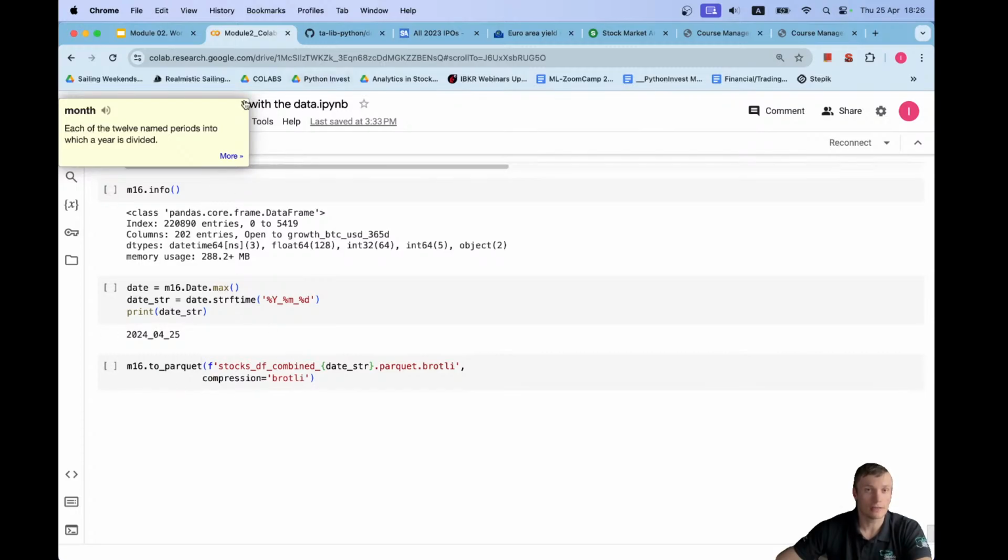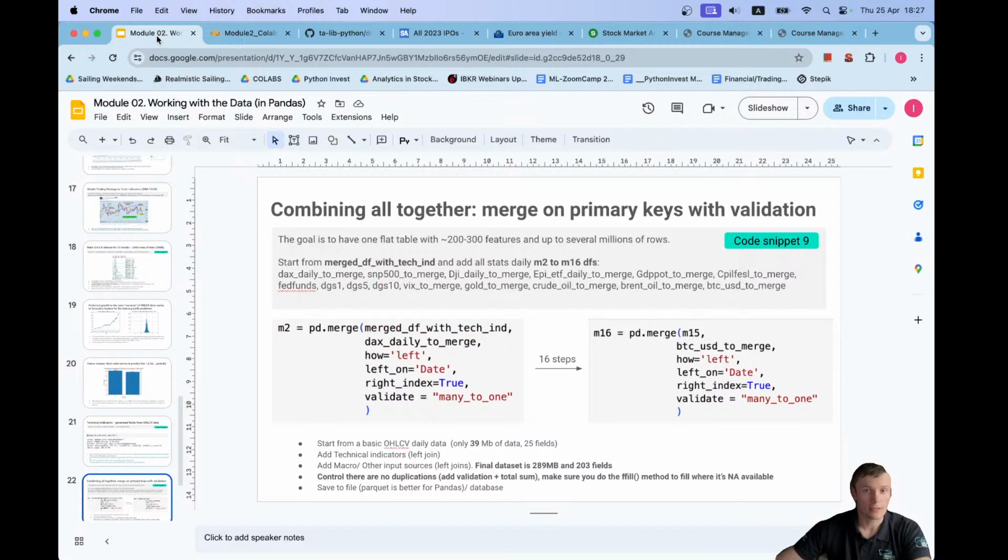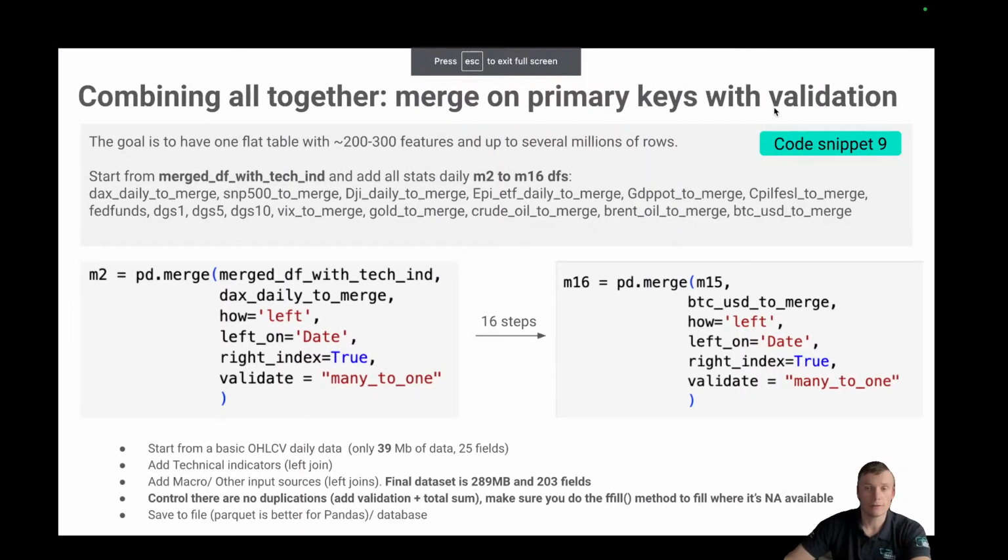I will share this file with everyone, so that you can get this file and use it for first analysis and for some home assignment tasks. If you see any problems with running code and obtaining this file, just write in Slack, and we will find some solution.